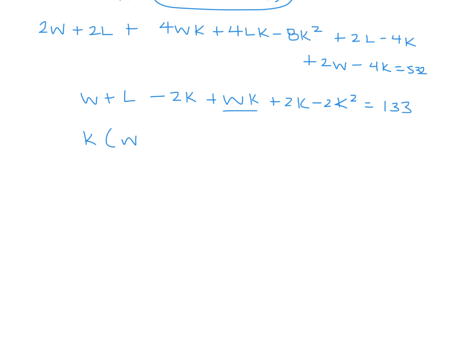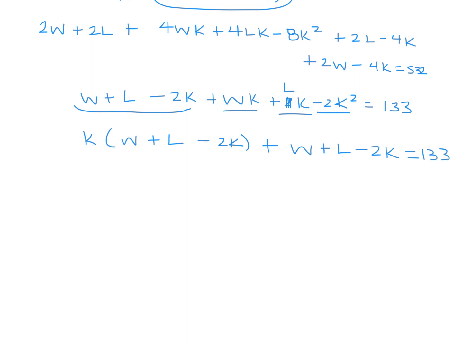Yeah, sorry about that, this was actually an L. That's why we can get an L. And then this is just going to be minus 2k when I factor out a k from here. And then I'm left with w plus L minus 2k. That's good because w plus L minus 2k can be factored, and then we just get k plus 1. There's 133.